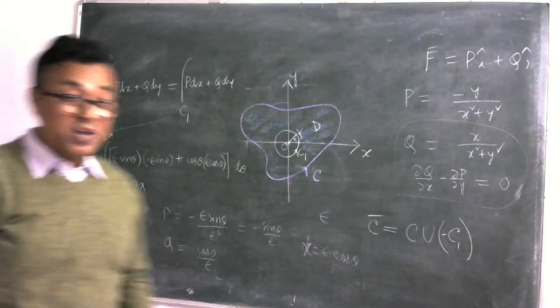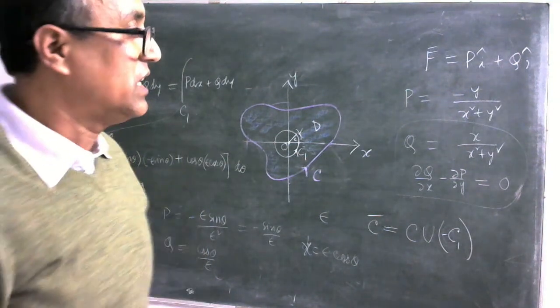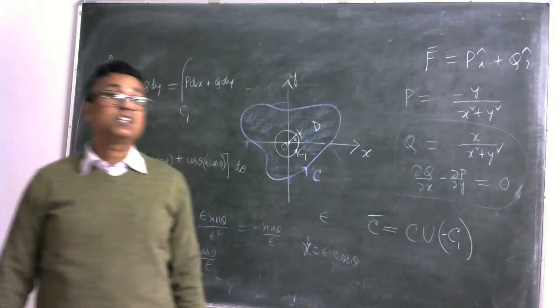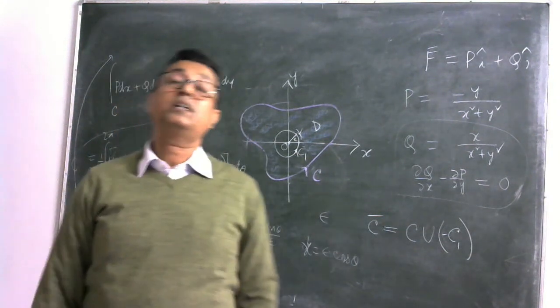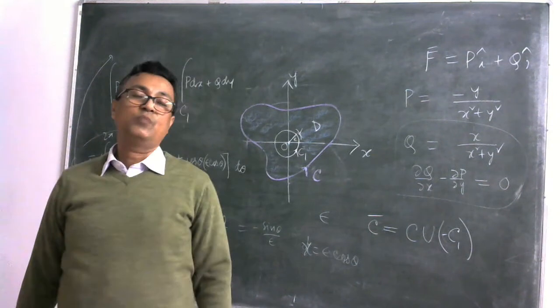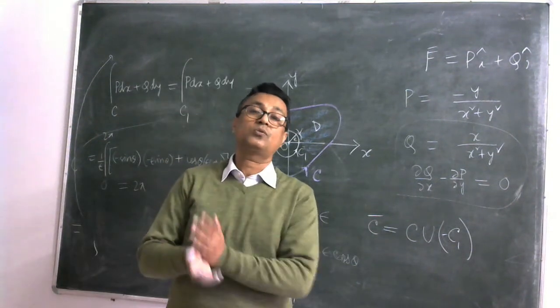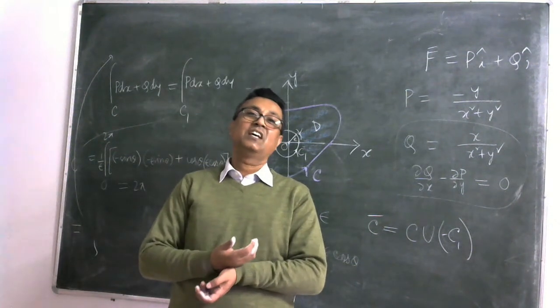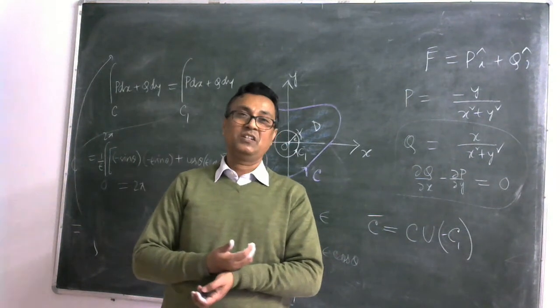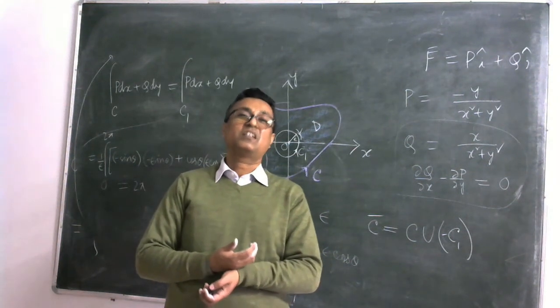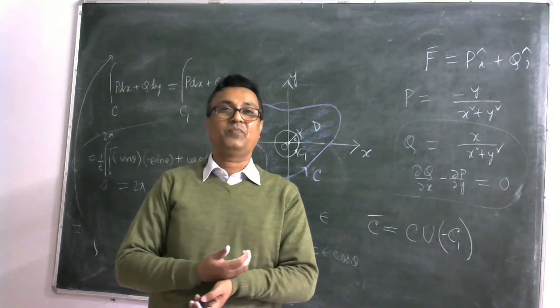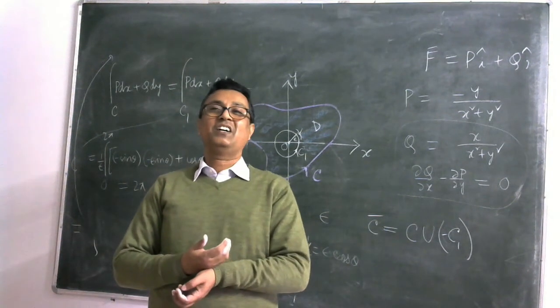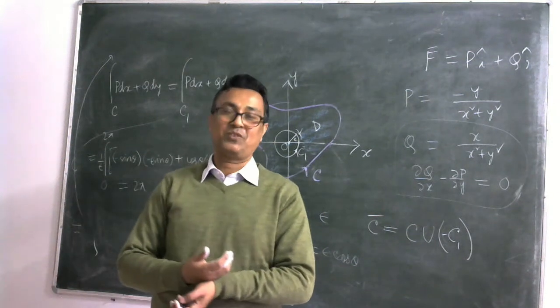Okay. So you may be thinking why I have taken special care of this particular example. It is because later on in your second year, in MA 201, you are going to study complex variables. There you are going to deal with analytic functions, and you will come across Cauchy's theorem. It is going to be something like a conservative vector field.